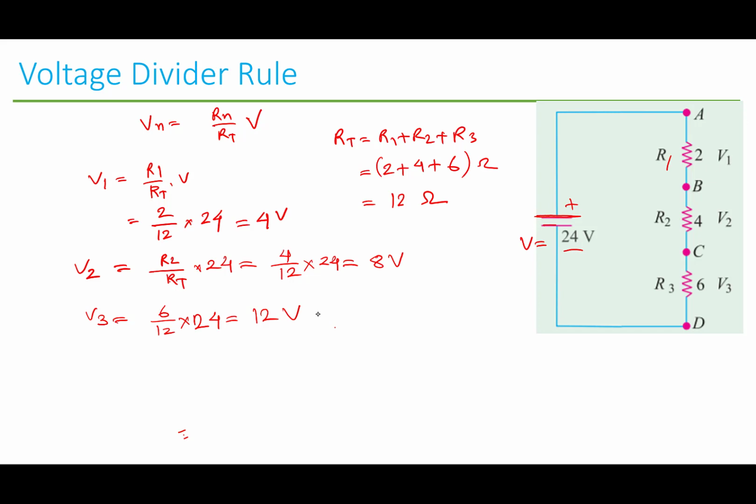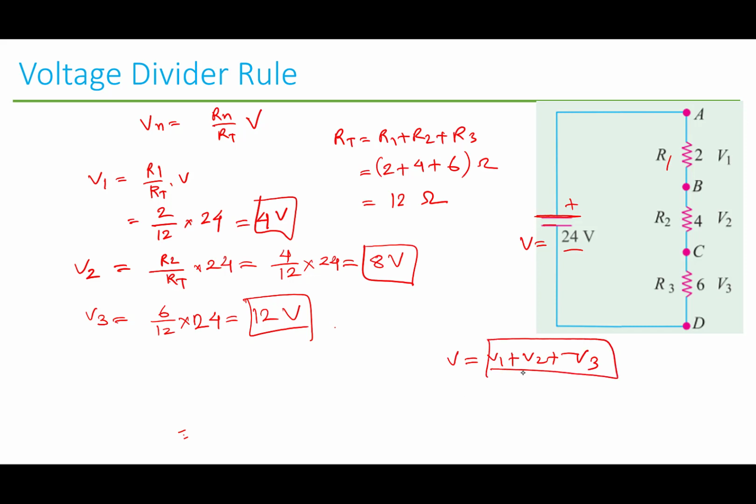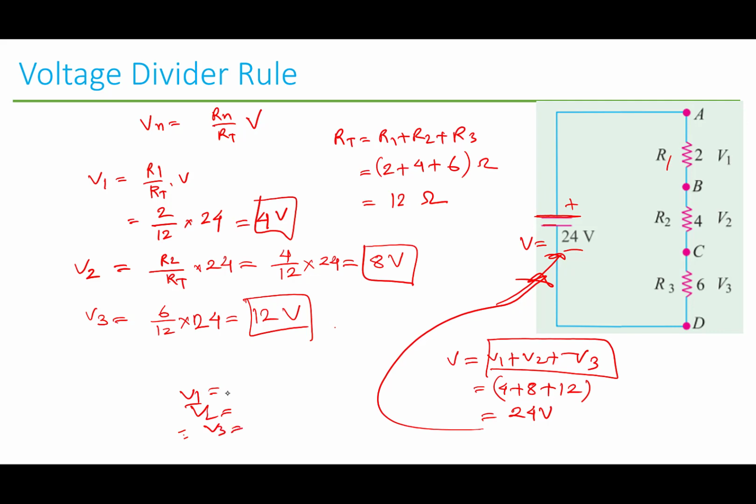To verify whether your results are good, you have 12 volts, 8 volts and 4 volts. You know that V equals V1 plus V2 plus V3, so summing all these series voltages gives 24 volts. Indeed, 4 plus 8 plus 12 makes 24 volts, which is the source voltage. Now you know your voltages V1, V2 and V3.